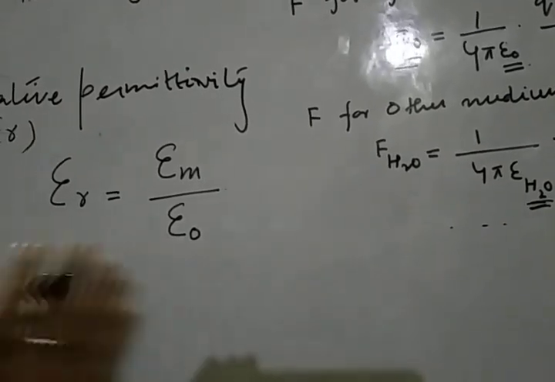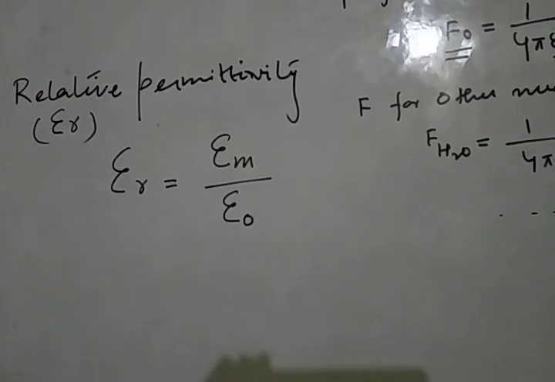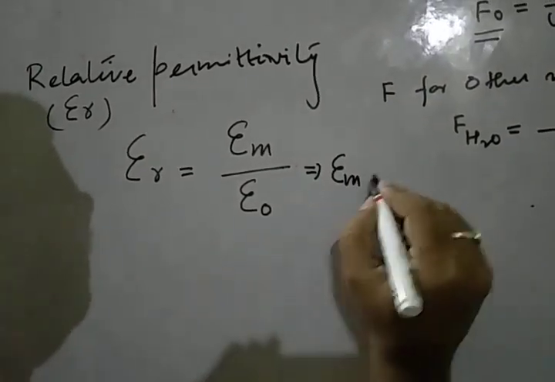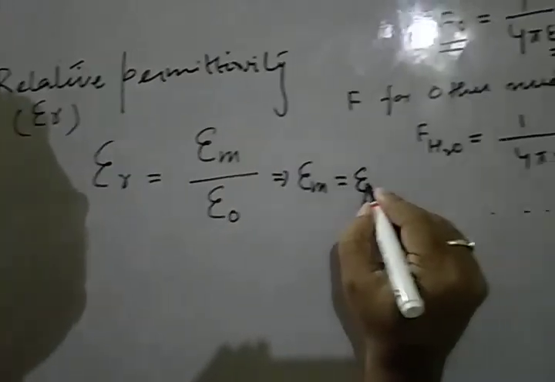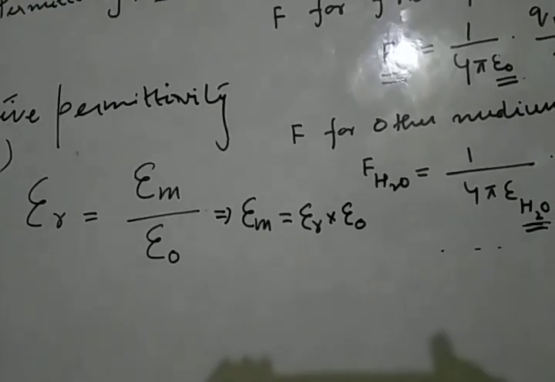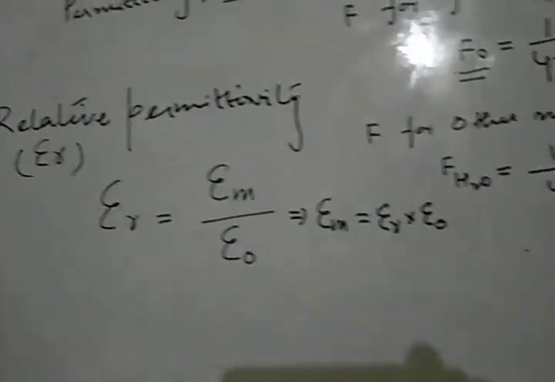That is the basic definition of relative permittivity. So we can write permittivity of any medium is equal to relative permittivity multiplied by epsilon naught.